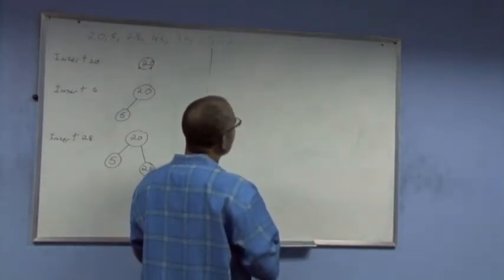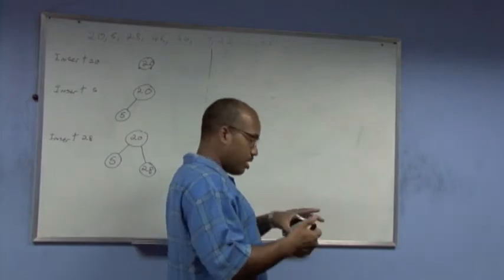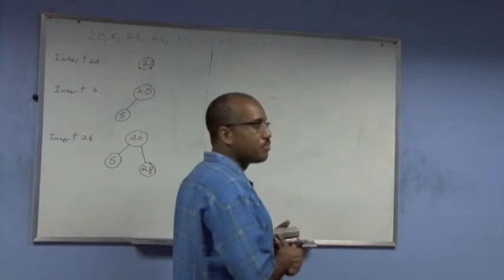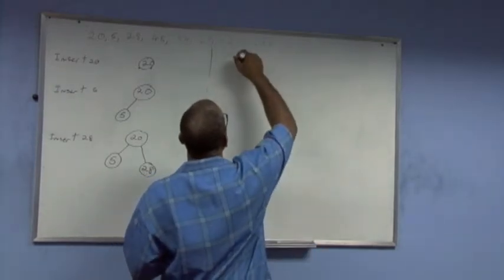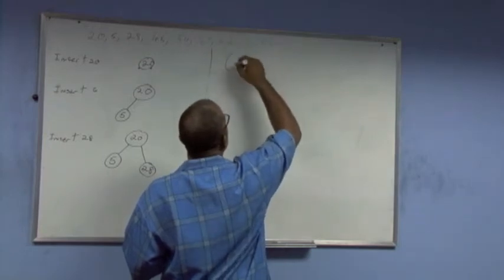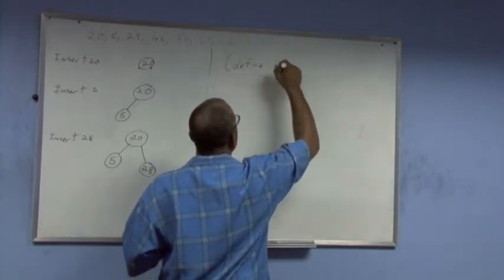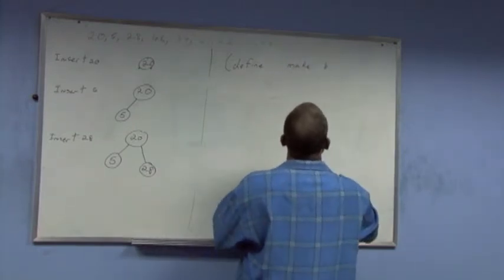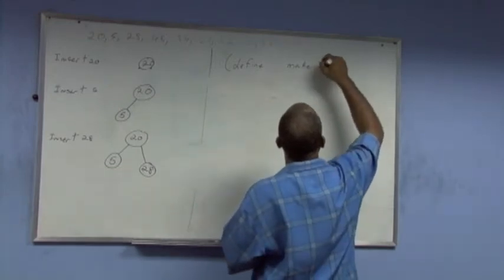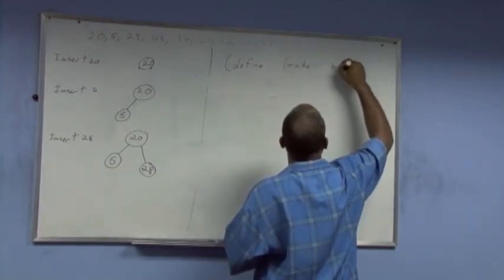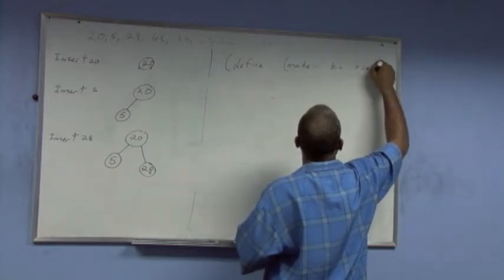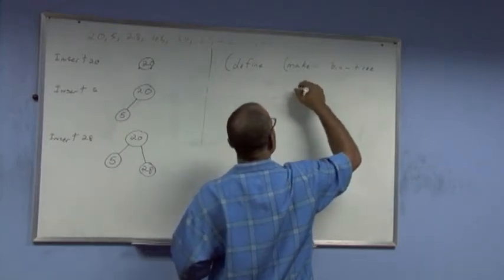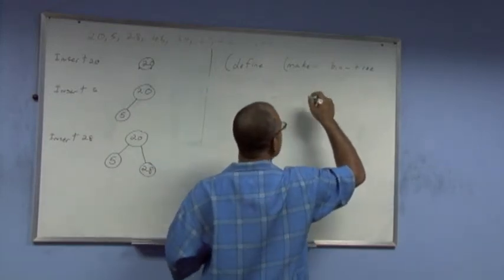So let's say we're going to implement our tree as a set of nodes, and each node is based on a list. So we have a Scheme function, make-bin-tree, and we'll pass some arguments for root, left and right.